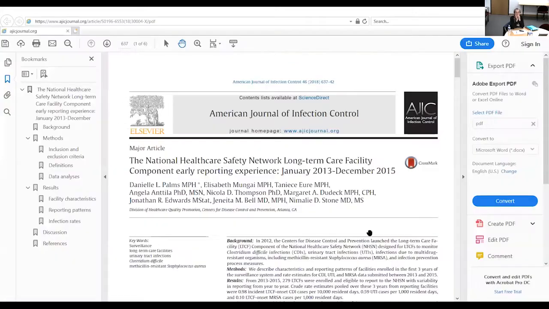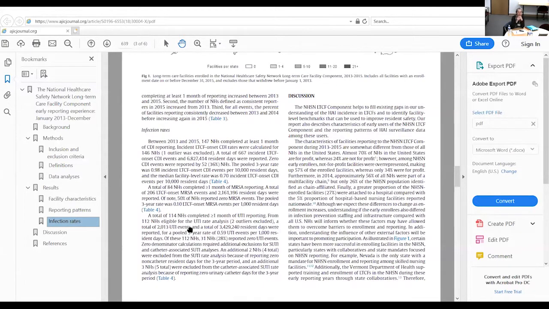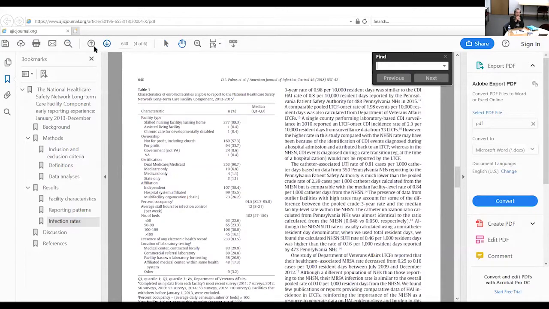Okay, there we go. So maybe you can click down on infection rates, just jump right to that. And then we can blow it up and see if we can get to the tables, because there are some tables in there. You can probably just flip, you see where you can go up and down on the pages, those up and down arrows to your left?